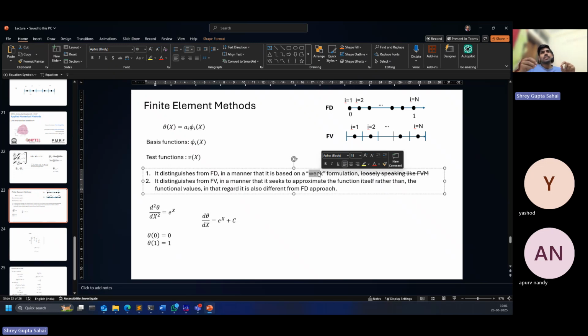In that sense, we are allowing the approximate solution to deviate from the true solution, in principle even largely at certain points, but overall in a neighborhood the effect will be small.